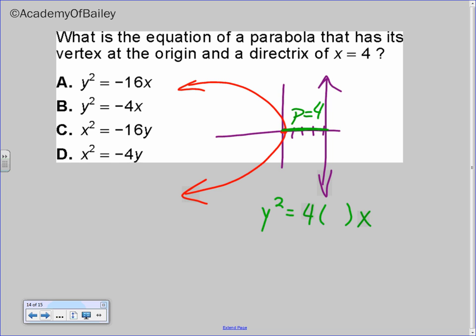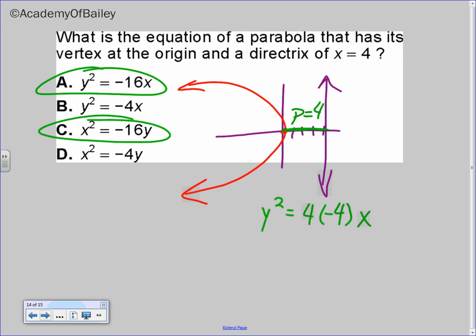We're going to let p be 4, but since it opens left, we have to have a negative value in there, and there we go. 4 times -4 is -16, so it's either C or A, and that's why you have to figure it out. Since it opens left, it's going to be a y squared equation, and that's why you have to memorize whether they open up, down, left, or right to get this one absolutely correct. It's a pretty simple question if you have that part memorized. The answer is not C. The answer is A.